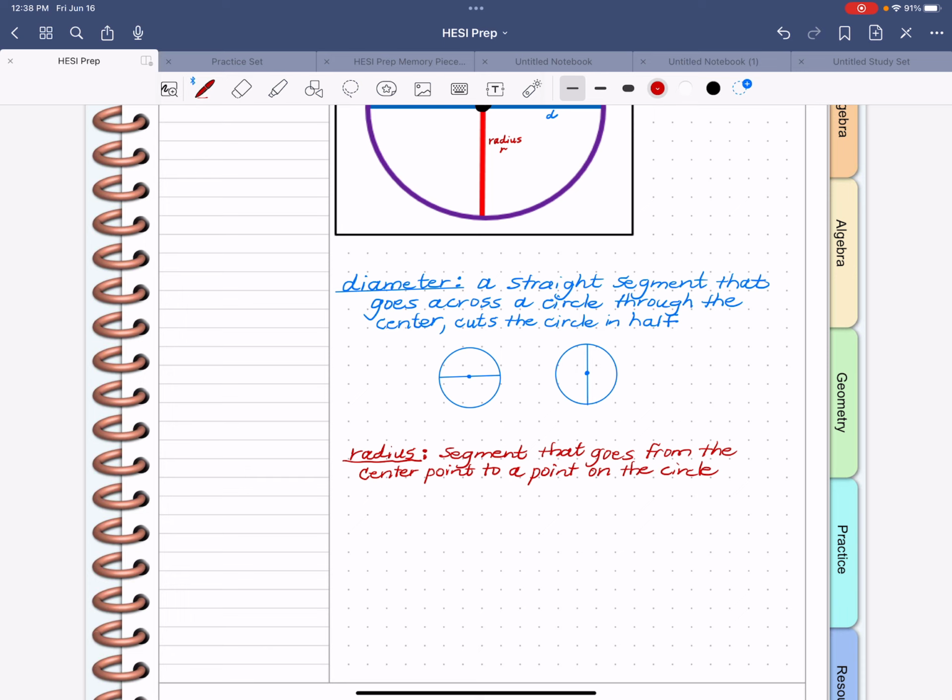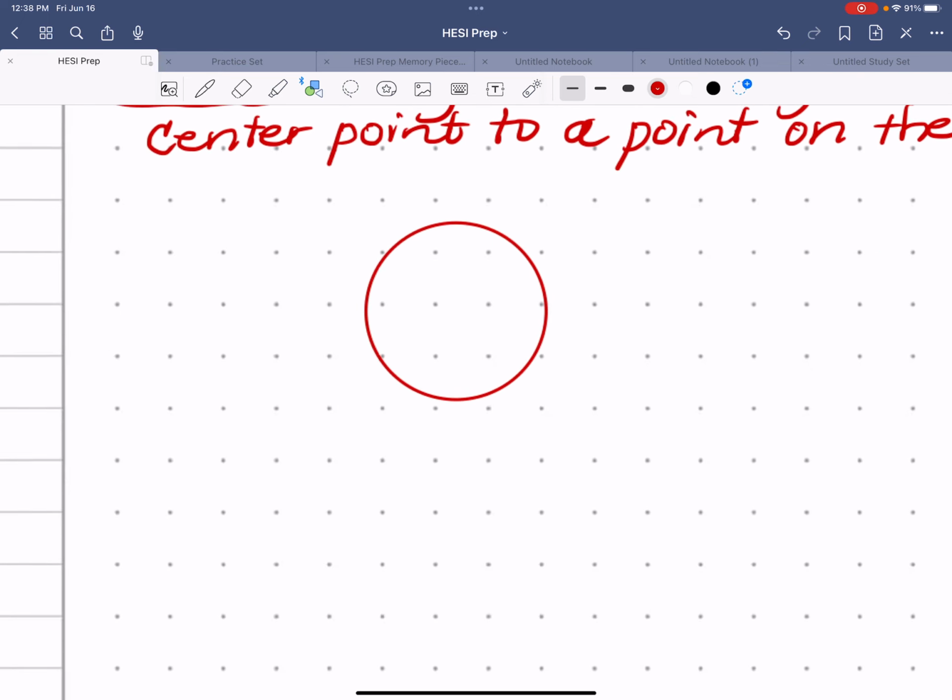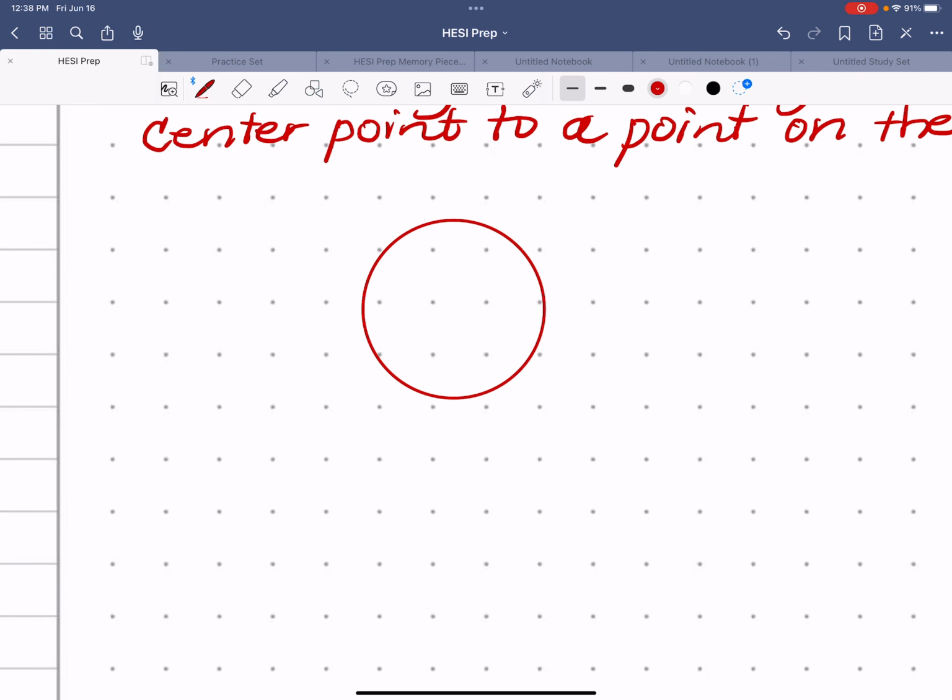And I believe a picture is 1,000 words, so let me draw it in right here. Draw a circle. You always need to see that center point when you're dealing with a circle picture. And a radius is half the diameter.